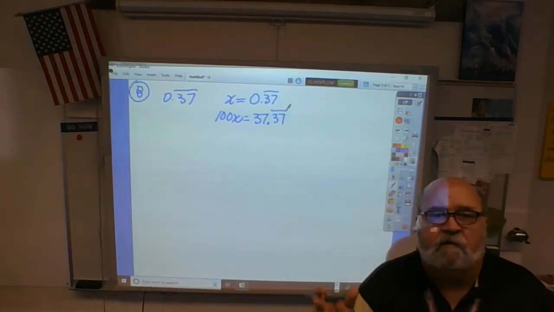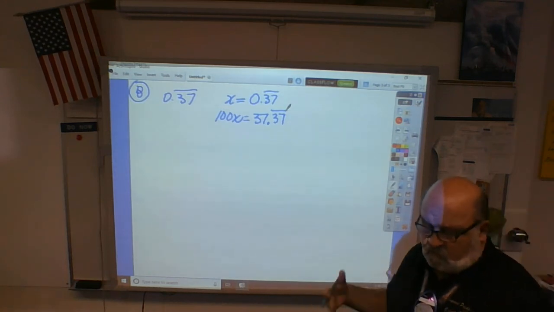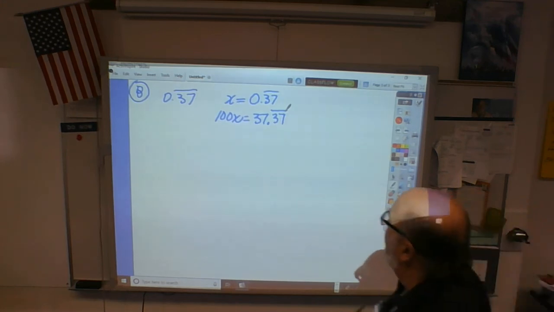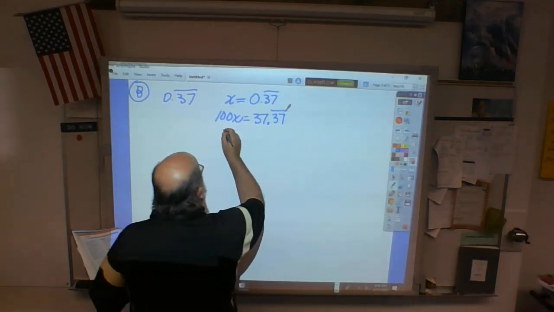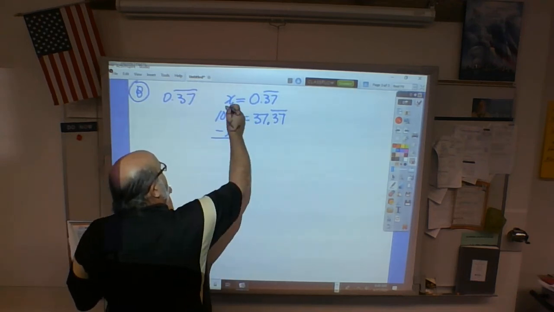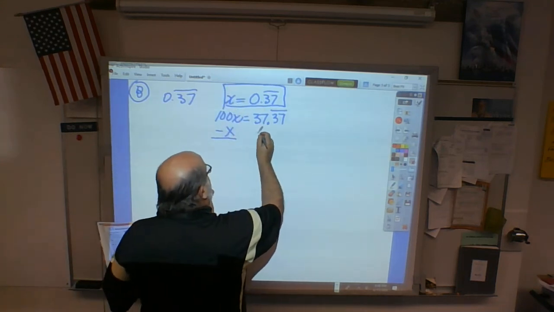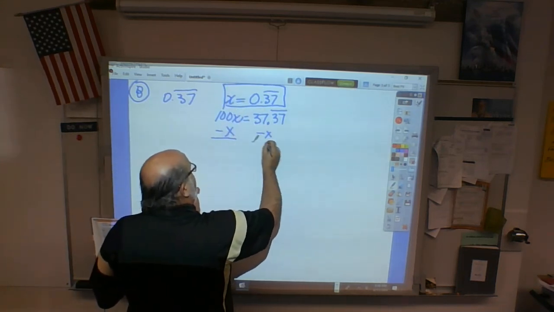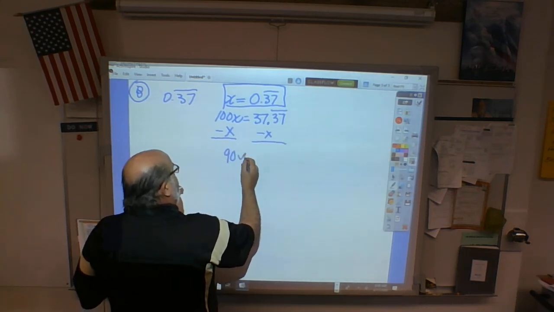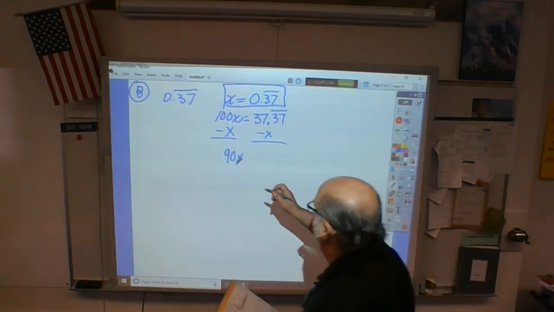Because that going on forever doesn't go away. It's going to go on forever. So I want to subtract x from this. Remember, x is equal to 0.37 forever. I want to subtract x from this, which means I'm going to have this, 99x.